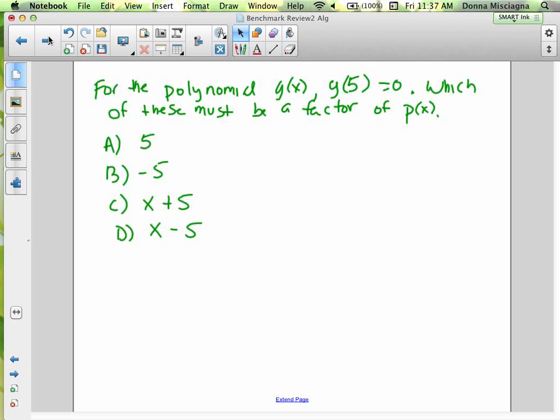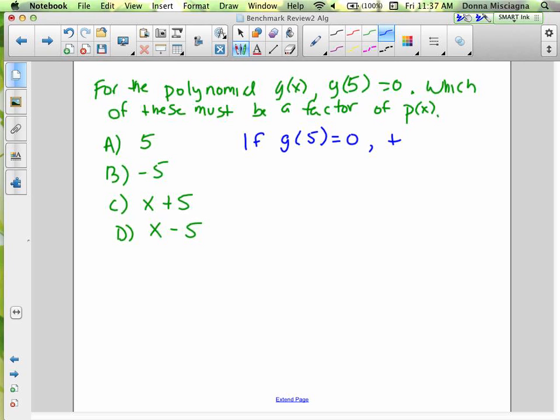For the polynomial g of x, g of 5 equals 0, which of these must be a factor? Right, so if g of 5 equals 0, then x equals 5 is a solution. But it says factor, right?